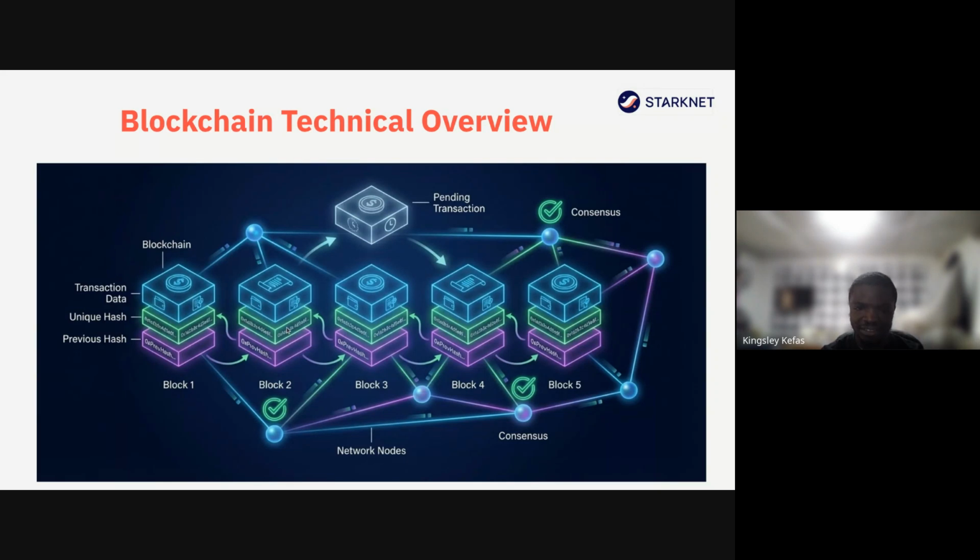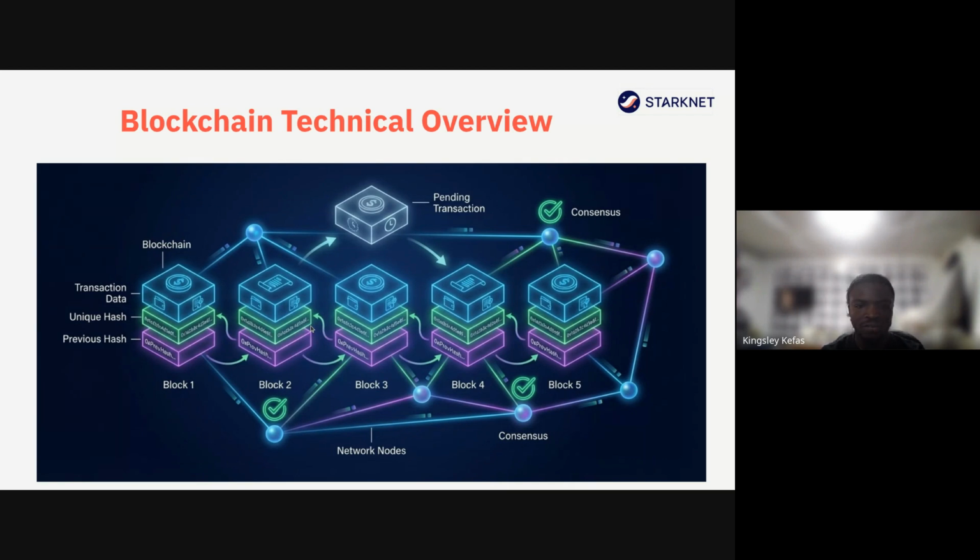The unique hash in block 2 is the previous hash in block 3, and so on, right? So this is what actually forms the chain. This is what actually shows which block is connected to the other block, and then which block is connected to another block, and so on, so that you know that this block was mined or validated before this particular block, and so on.